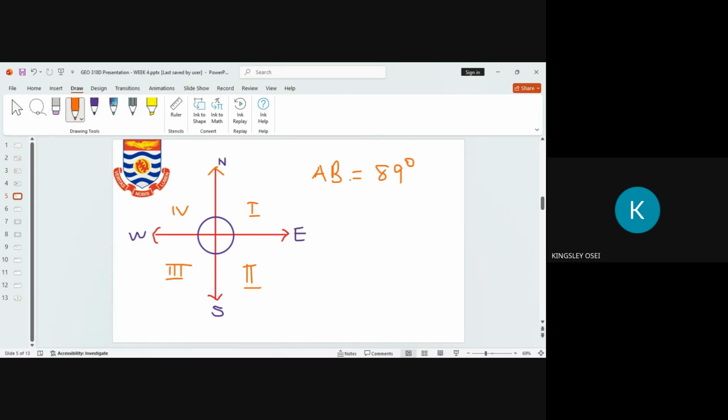Here, I mentioned whole circle bearing. If I didn't mention, you could have still detected the whole circle bearing because the value was given as 89 degrees. Finish. No letters were added to the value.